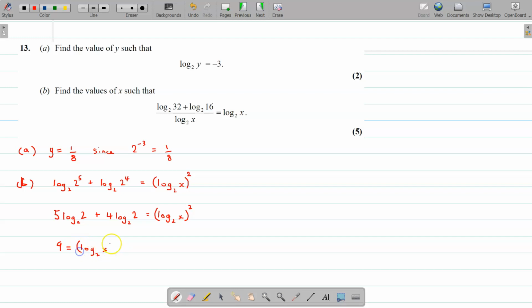Sorry, that should be in there squared. And therefore, if you square root 9, you get that log to base 2 of x is equal to plus or minus 3.